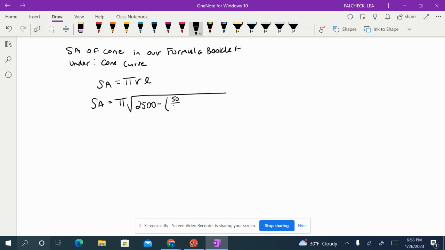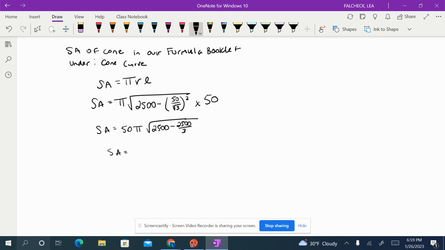Minus 50 divided by the square root of 3, squared. This is why we left it in square root form, yes. And then I made this way too long. Times the slant height, which was given in the beginning of the problem as 50. So now we have the surface area is equal to 50 pi times the square root of 2,500 minus 2,500 divided by 3.